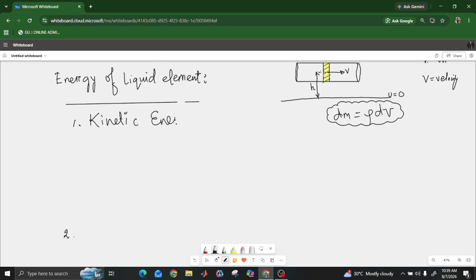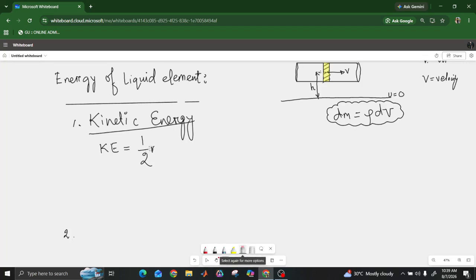Kinetic energy of the small fluid element will be how much? It's half mv square, but we will write half dm v square. Why dm? Because we are considering this small element, this yellow part, only for now.